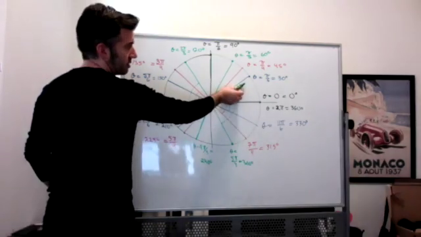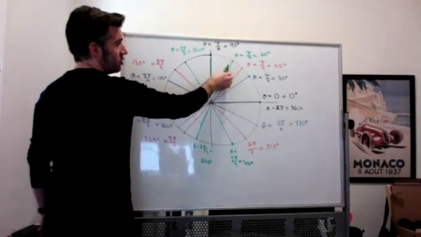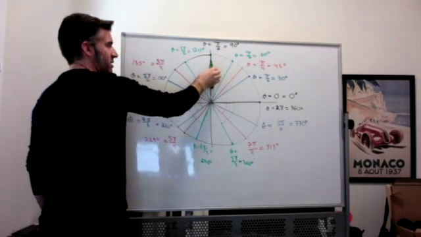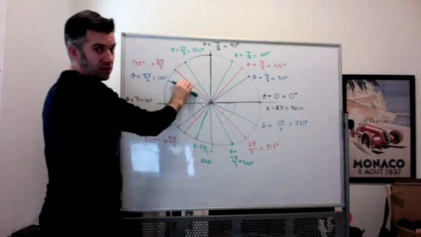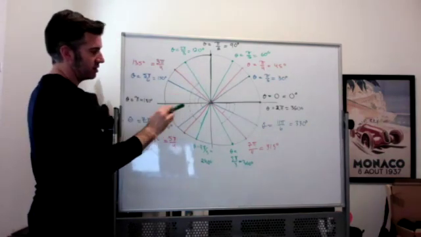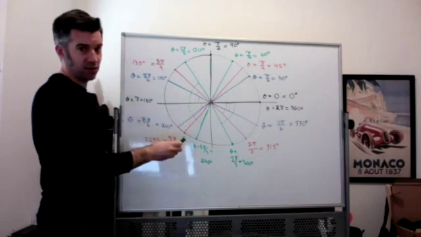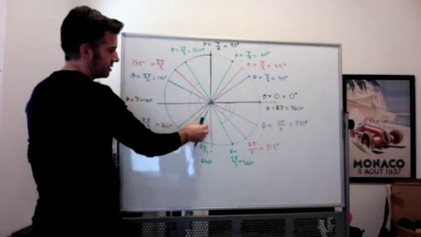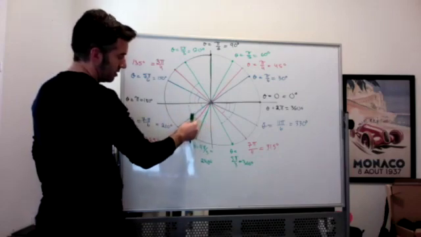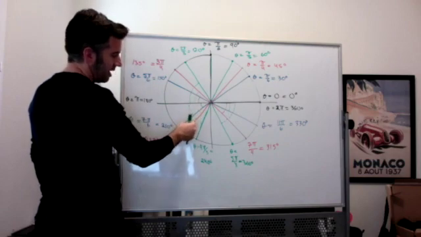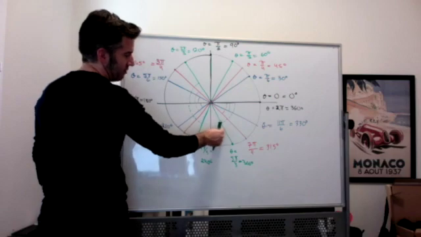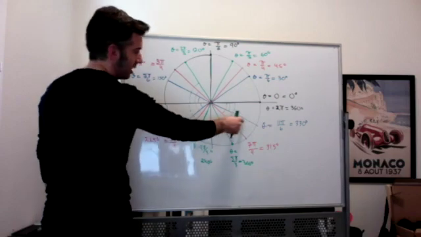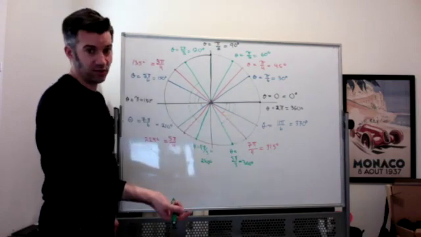1 pi over 6 is in quadrant 1, 2 pi over 6 reduces, 3 pi over 6 reduces, 4 pi over 6 reduces, 5 pi over 6 is in quadrant 2, 6 pi over 6 reduces, 7 pi over 6 is in quadrant 3, 8 pi over 6, 9 pi over 6, 10 pi over 6 all reduce, 11 pi over 6 is in quadrant 4.